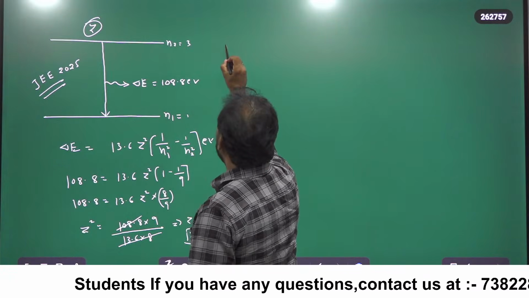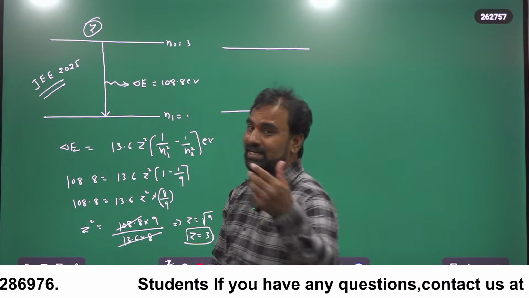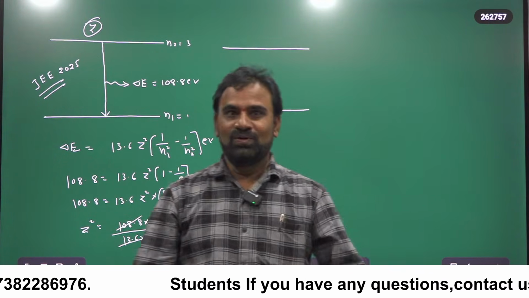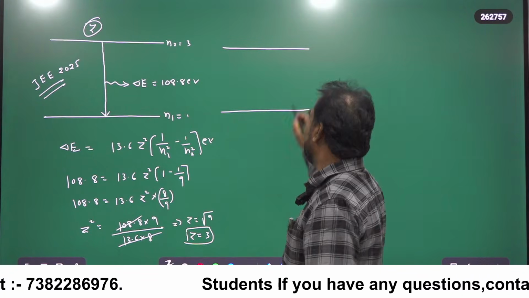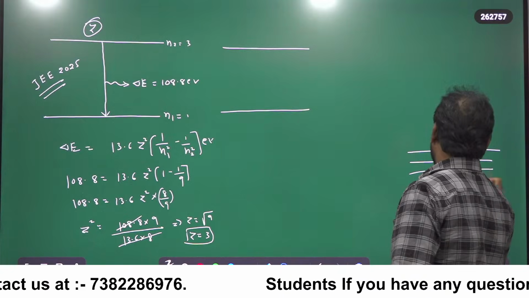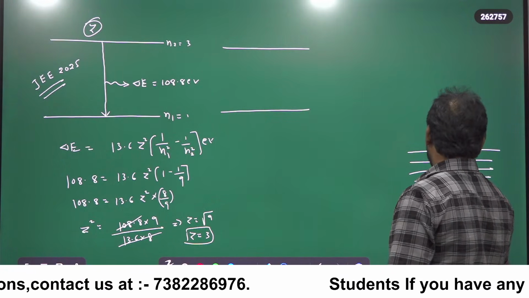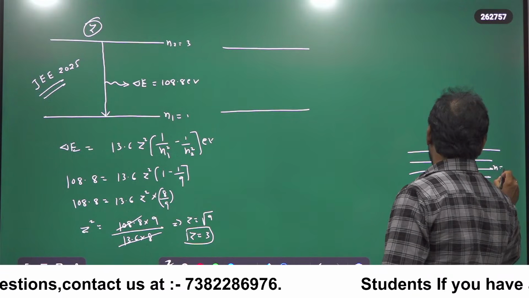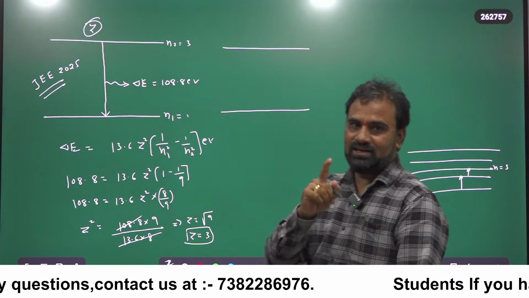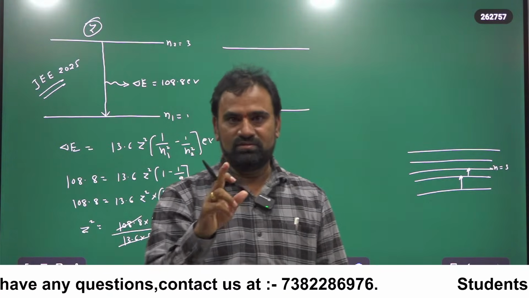What was given? An electron makes a transition from the second excited state to the ground state. The second excited state means n is equal to 3; the first excited state is n equal to 2. This is the ground state.